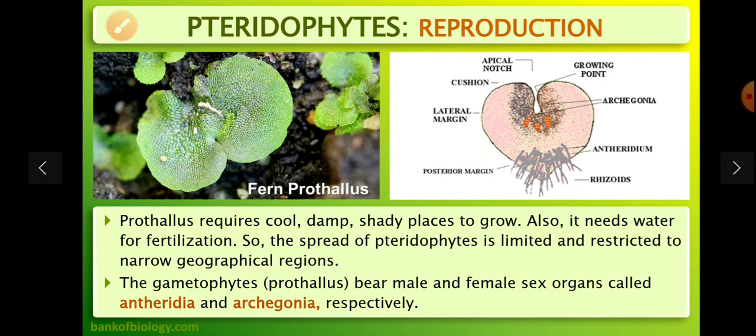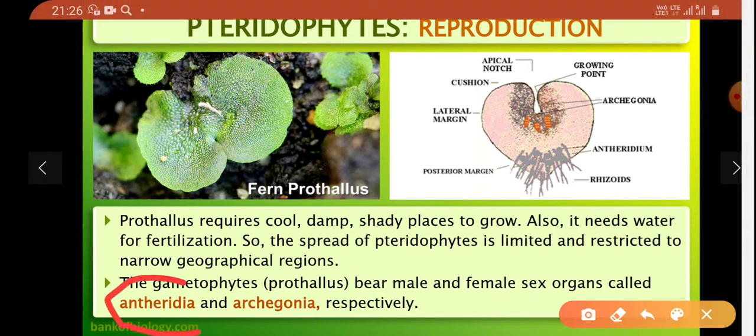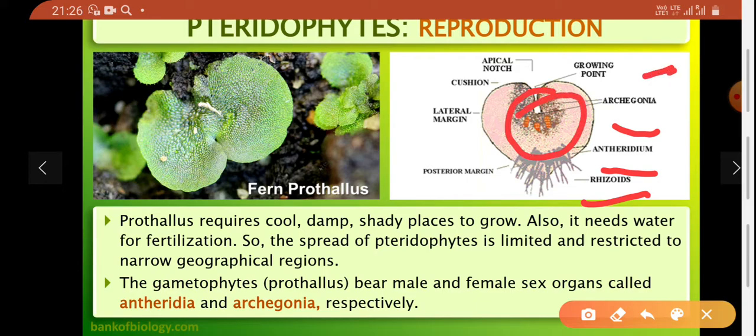The gametophyte bears male and female sex organs called antheridia and archegonia respectively, antheridia in the case of male and archegonium in the case of female. In this diagram we can see the rhizoid, antheridium, archegonia, and the growing plant.